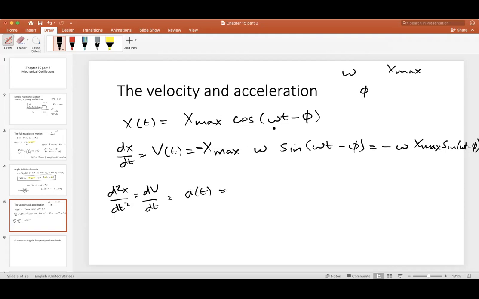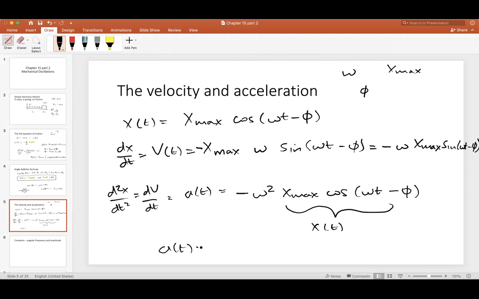Again, an omega comes out, and the derivative of sine of the argument is cosine. So we get a negative omega squared x max times cosine of omega t minus phi. And once again, we see that this is our x of t, and therefore a is simply minus omega squared times x of t, whatever x of t happens to be.